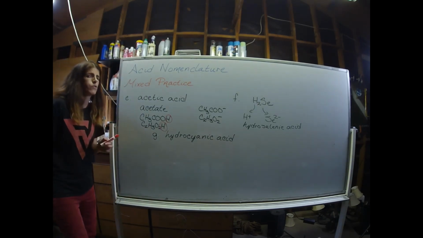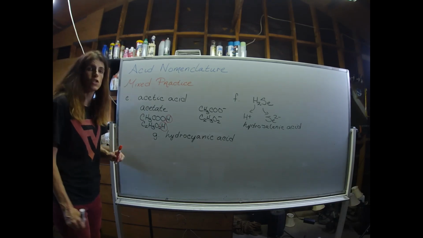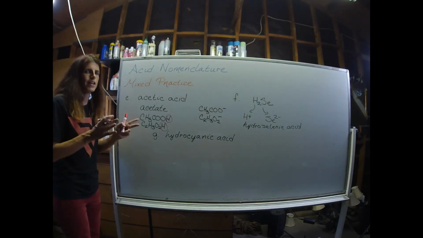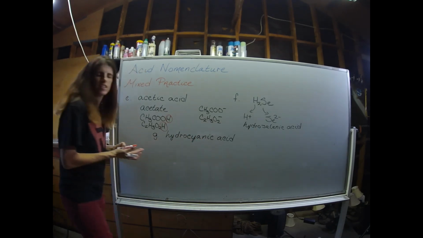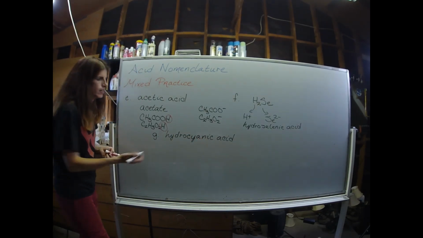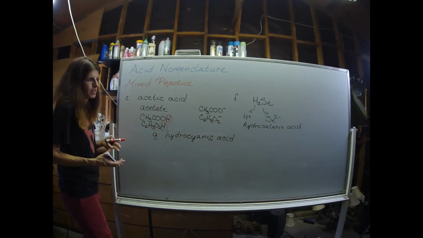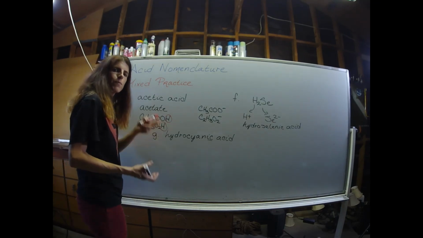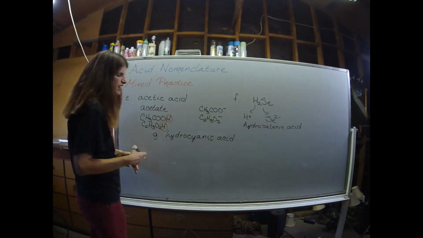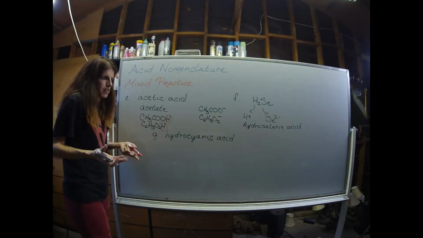Last one is also a little bit weird. We got hydrocyanic acid. So one would think, okay, it's a binary acid, but what element is cyanide, right? And it has the ic ending, so we're thinking, since it has the hydro in front, cyanide.